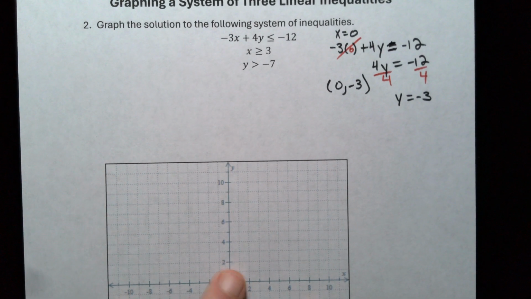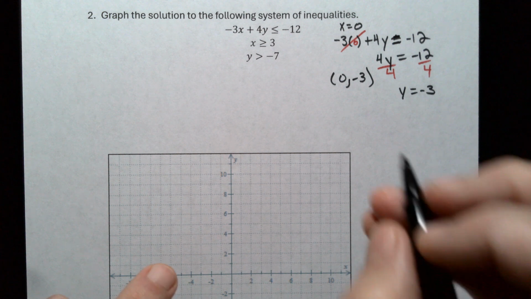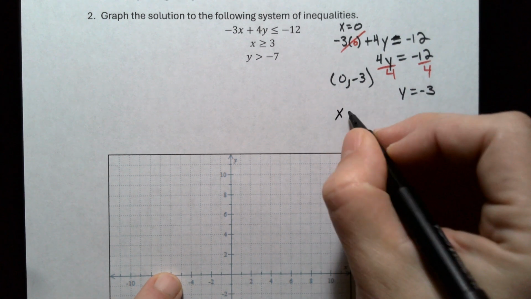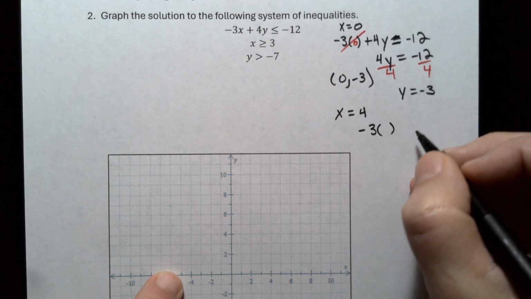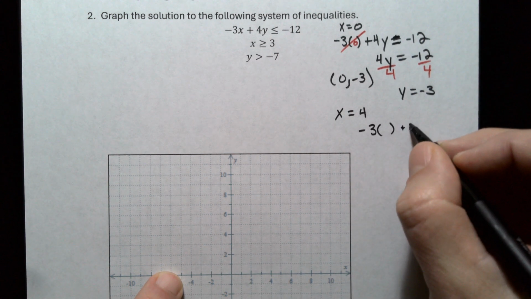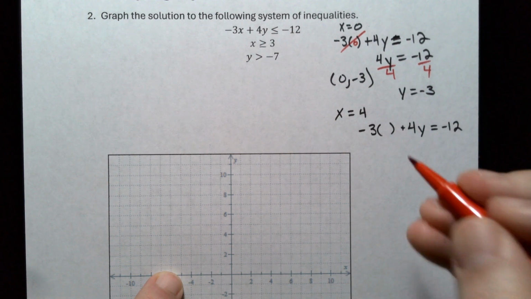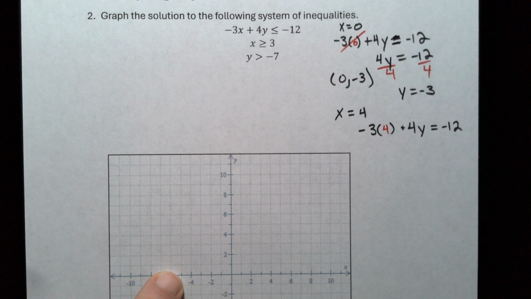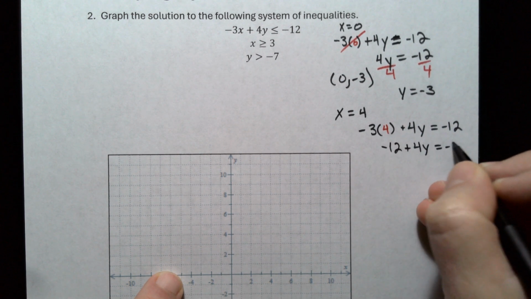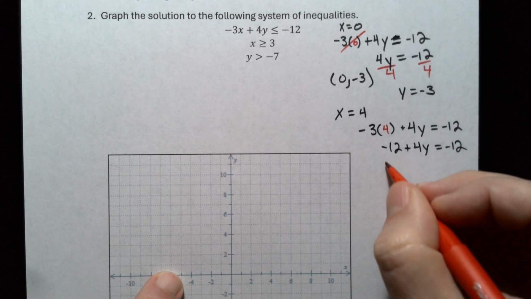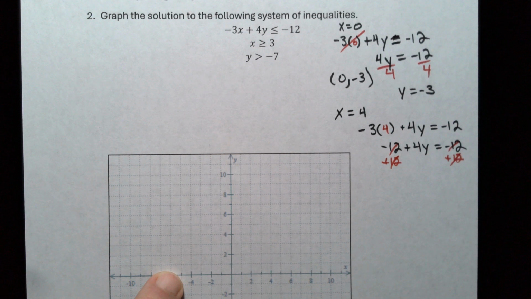Okay, let's try another one. Let's see, what should we try? Let's try x equals 4 for this one. So negative 3, there's where I'll put my 4, plus 4y is equal to negative 12. Okay, so that's going to be negative 12 plus 4y is equal to negative 12. Now, if I add the 12 here, it'll cancel, but look at this, it'll also cancel over here, so that will turn into a 0.